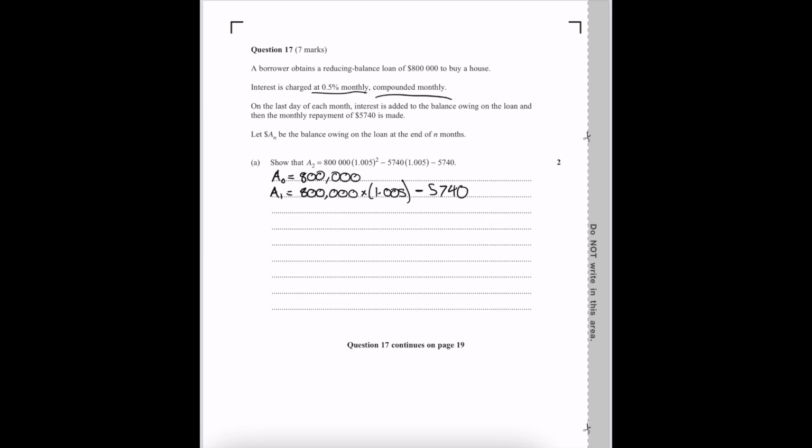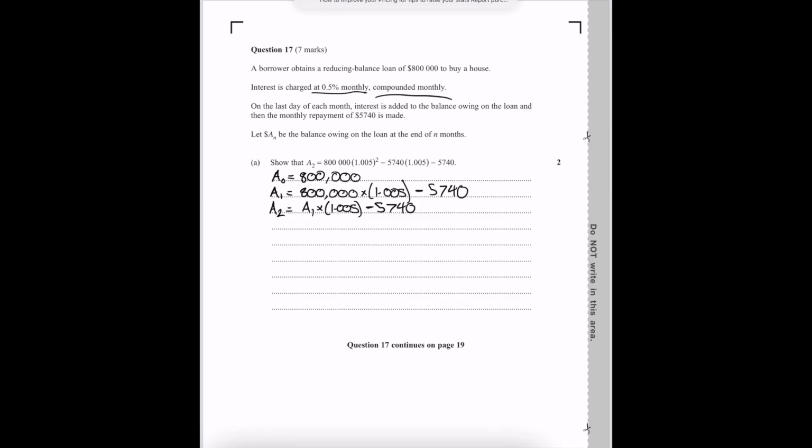Now we're not going to solve this because I guess we need to get it into a form that looks like A2. And then what we need to say is, well, okay, A2 is going to be the value of the loan, A1, times that interest, 1.005, minus 5,740, so minus our repayment.